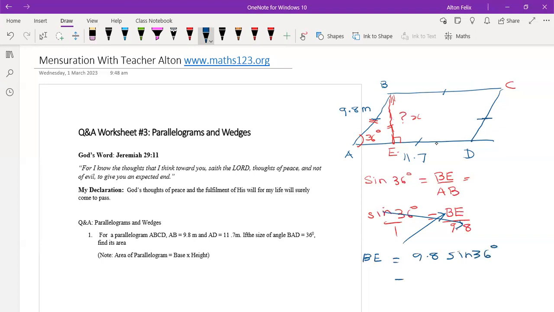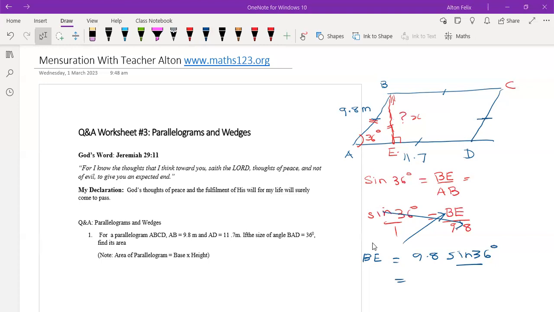So we need to simply work out what is sine 36 and then multiply that answer by 9.8 to get the length of BE. So let's see if we can call up our scientific calculator here. Let's go to the trigonometry function.